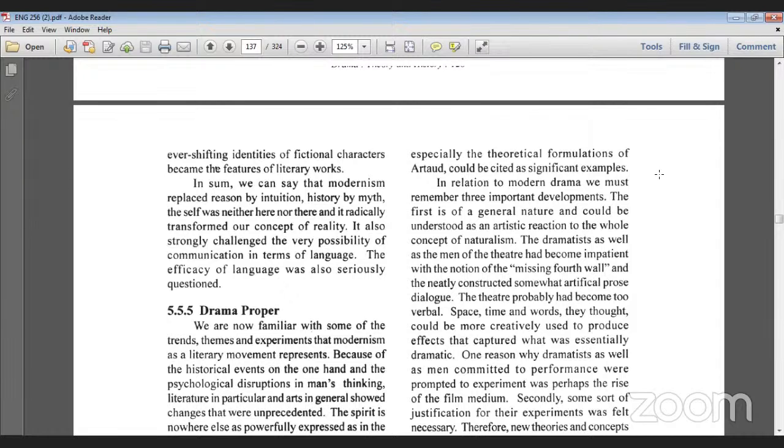Okay, for the Greek drama, see the drama proper.